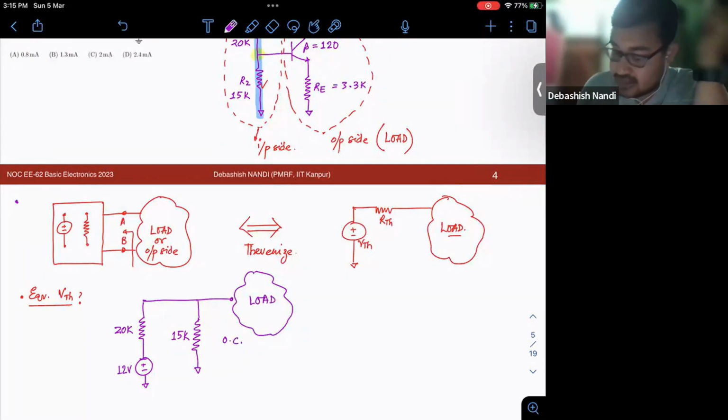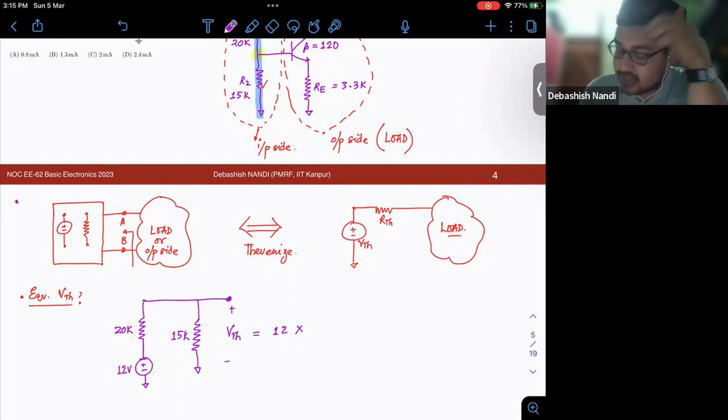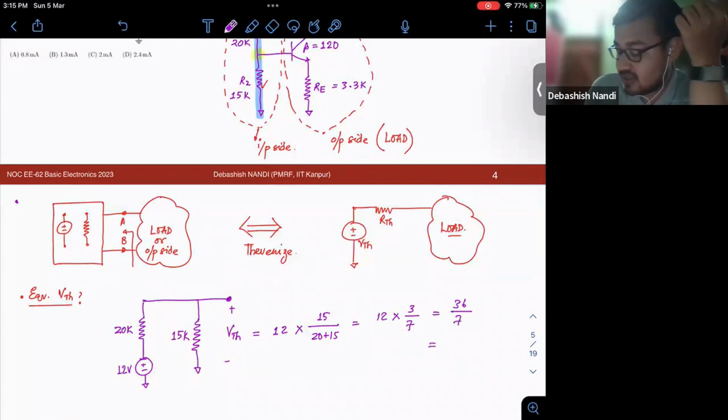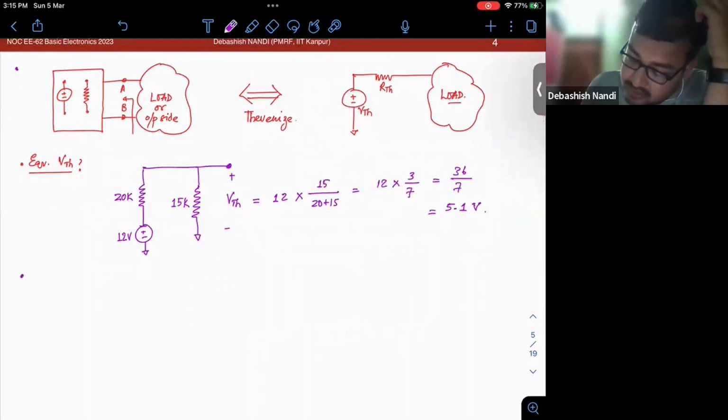So if I open circuit this, so I remove the load, and I need to find out the potential at this terminal, right? VTH. So your VTH becomes 12, it is nothing but a voltage divider, 15 over 20 plus 15. That is nothing but 12 into 3 by 7, that is 36 by 7, is nothing but 5.1 volt.